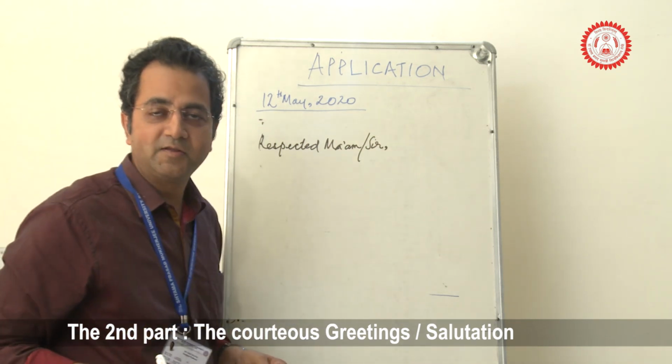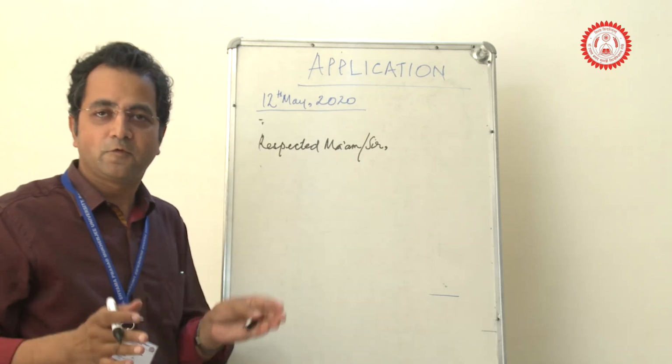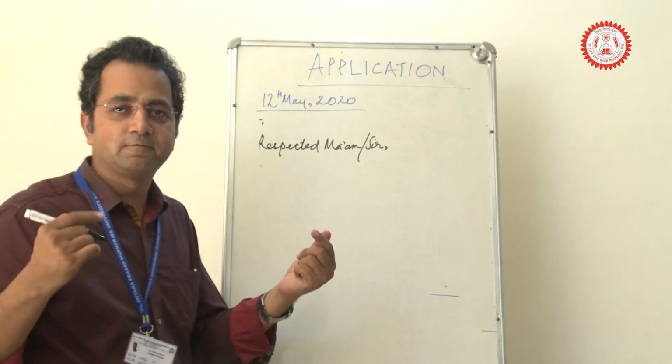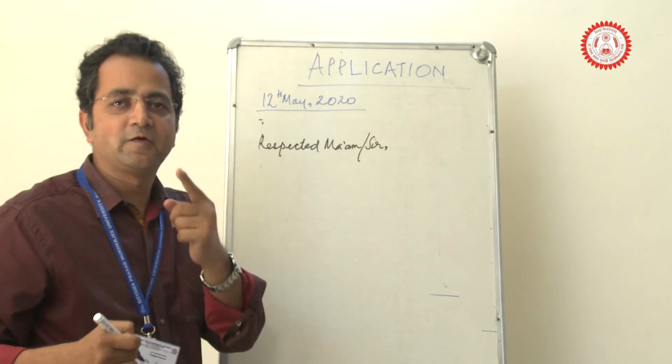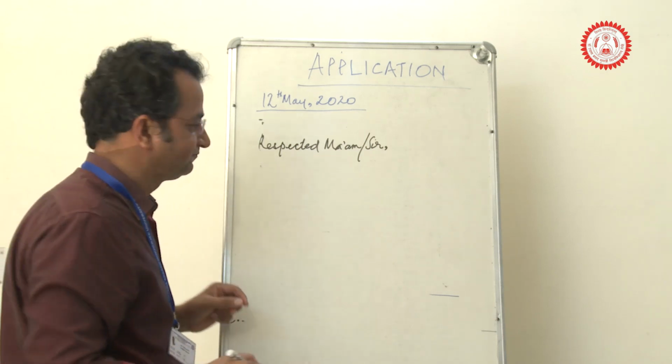Generally, I have seen that applications are written in 2 to 3 lines, or sometimes you make a story. But for your convenience, I have condensed the application into 1 line. How can you do it? You should follow this format.